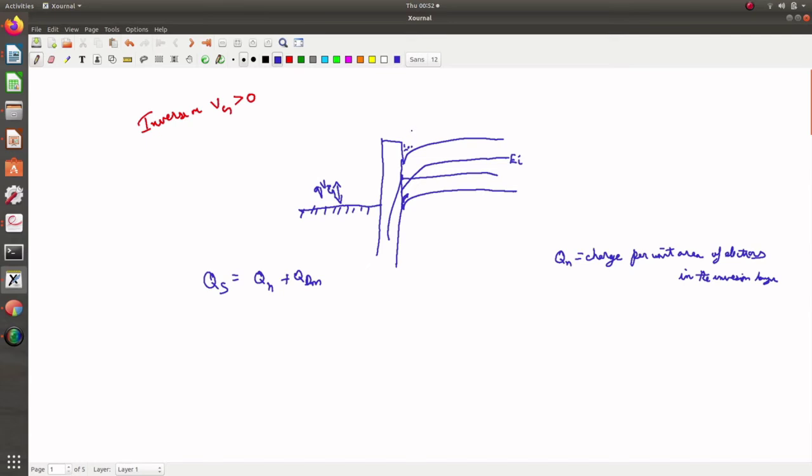Minority carriers are the electrons, since we have taken the p-type semiconductor. And Qdm is the maximum value of charge per unit area of the depletion layer.